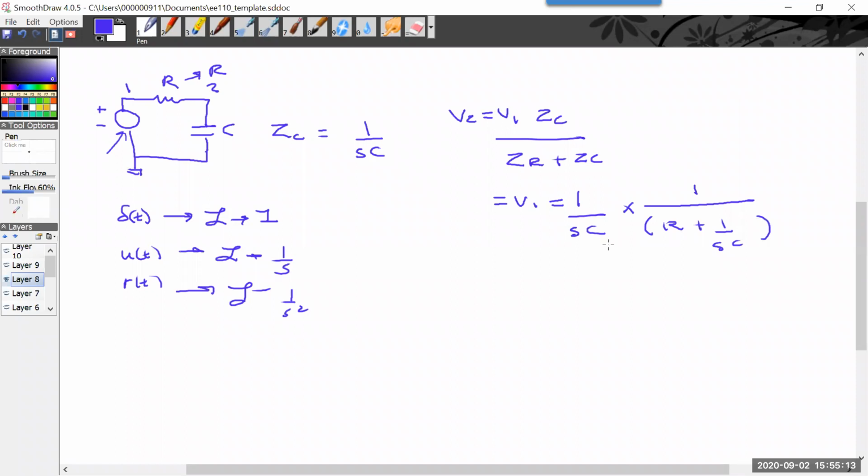Now this equation is correct, but you really want it in a proper format so that you can do the inverse more easily. What you do is multiply through by S and remove the R, so you get 1 over RC. All right.